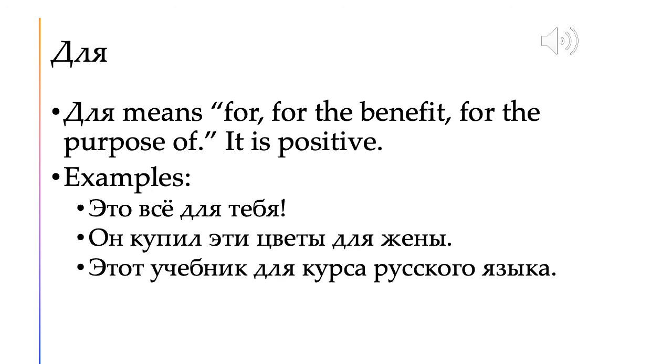But это всё для тебя means this is all for you. It's positive. Or он купил эти цветы для жены. He bought these flowers for his wife. Or we could say something like этот учебник для курса русского языка. That's less obviously positive, but it is for the purpose of, and so we use для.